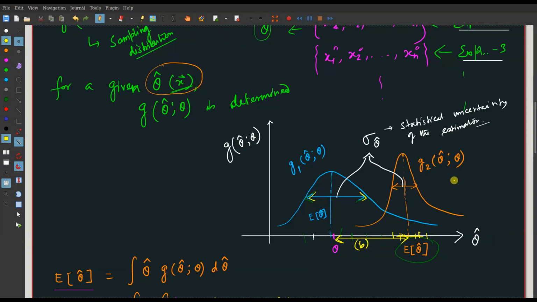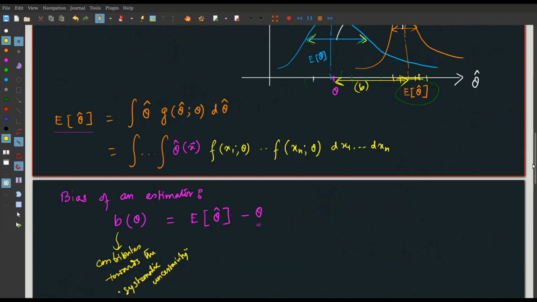Okay, so you are trying to get a true value of theta. You are trying to get as close to the true value of theta, but you have constructed an estimator such that you always land on a finite distance from the true value, and in some cases you can guess that distance, which you will call the bias.